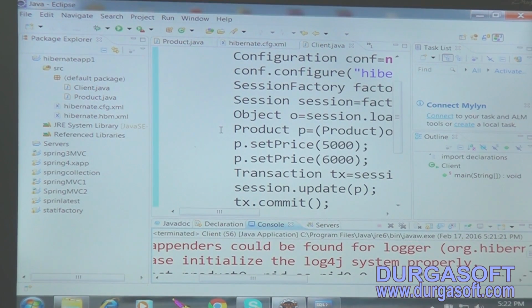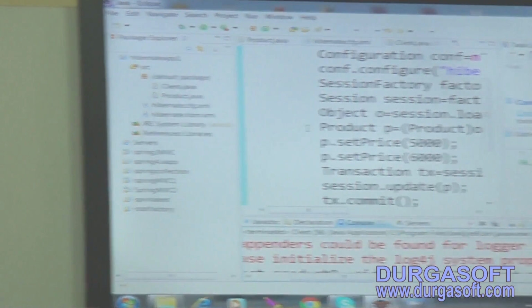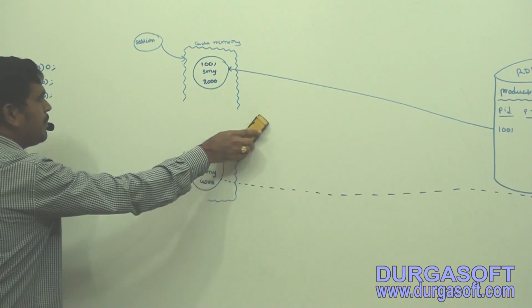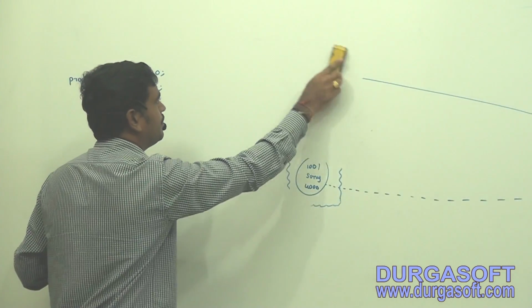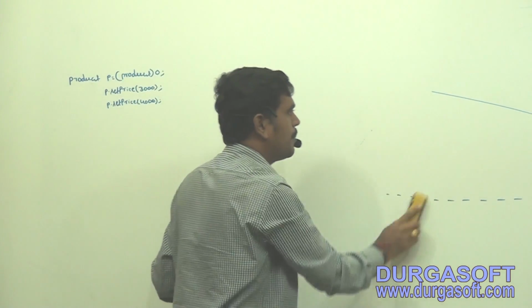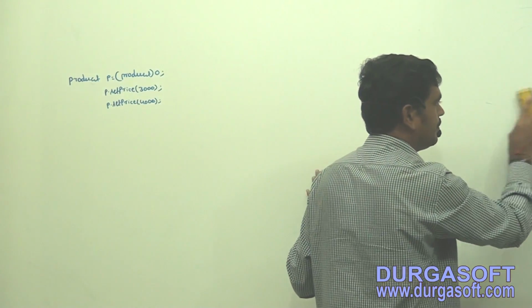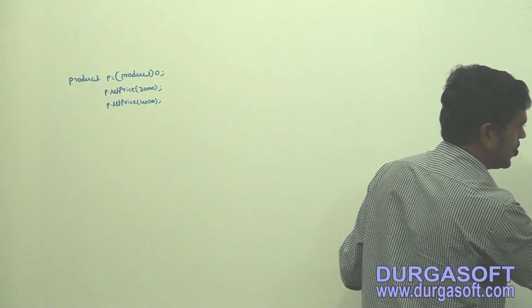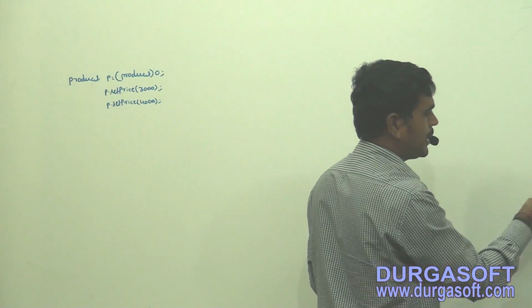Now here, what is the difference between the update method and the merge method?